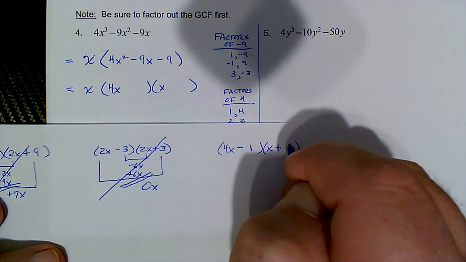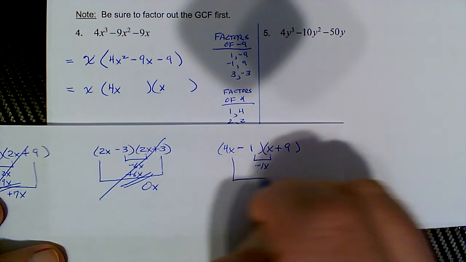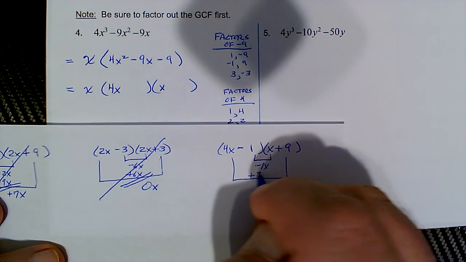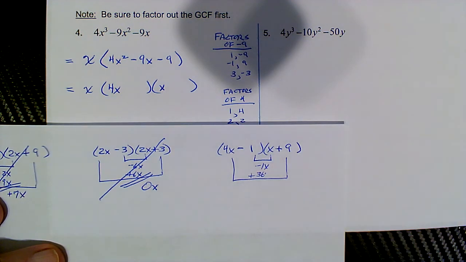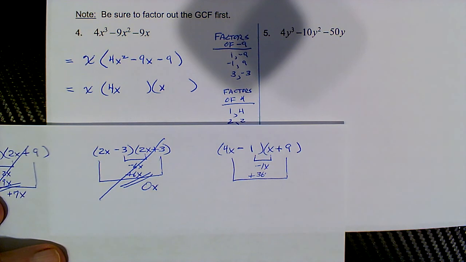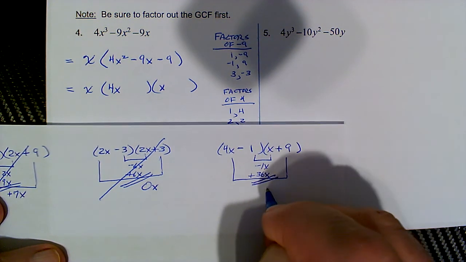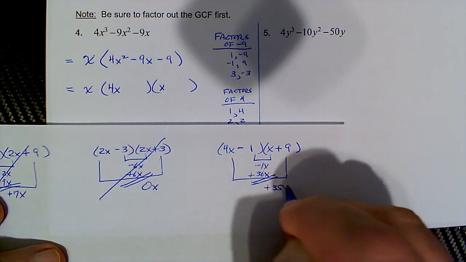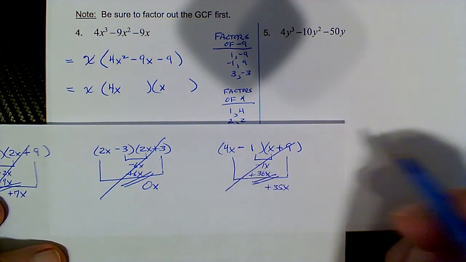If I put the 1 here and the 9 here, it gives negative 1x, positive 36, or excuse me, negative 9x. No, I'm sorry, positive 36x. I was right the first time. Which combined to give positive 35x. So that's not it.